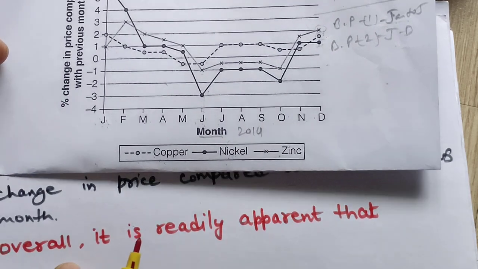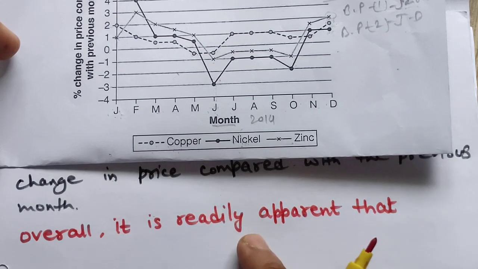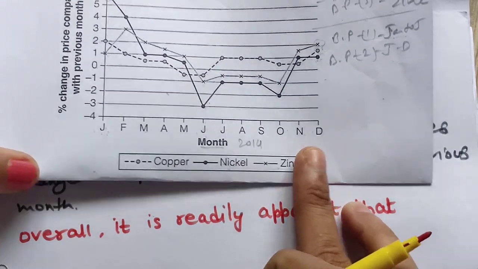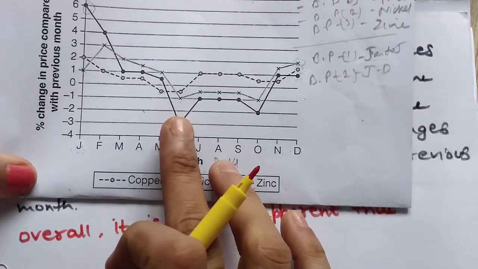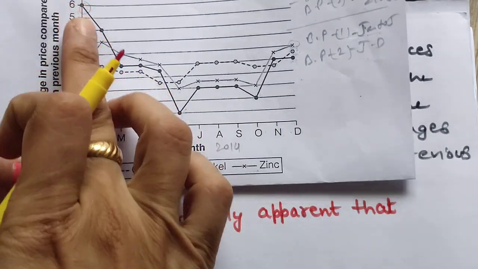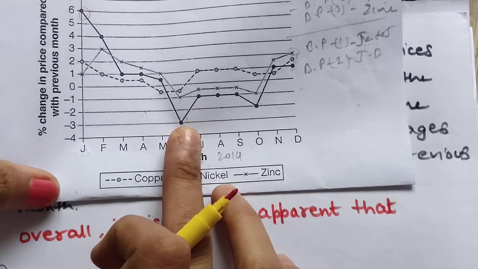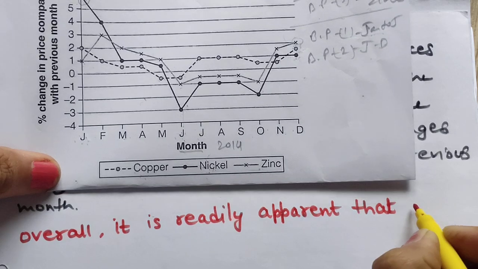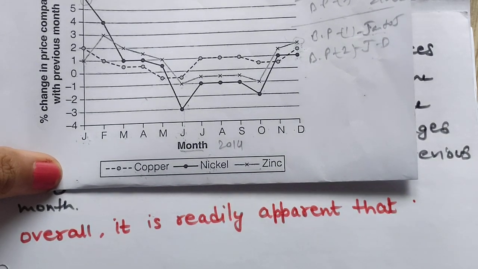Now overall, it is readily apparent that, or it can be clearly seen that, these are ready-made language, you can use it. That's why I have written it earlier. Now the main point, what we should write overall. So here we can see nickel had witnessed a great change in prices. Yes, in black pen I should use it.